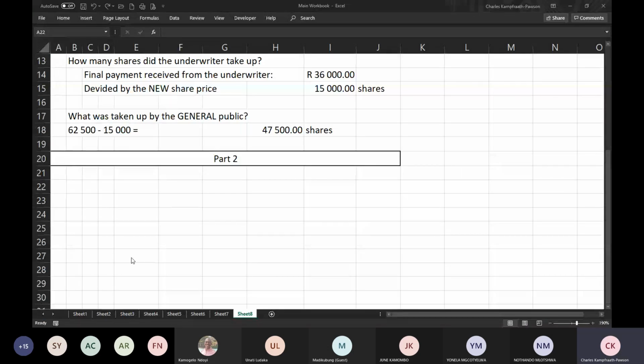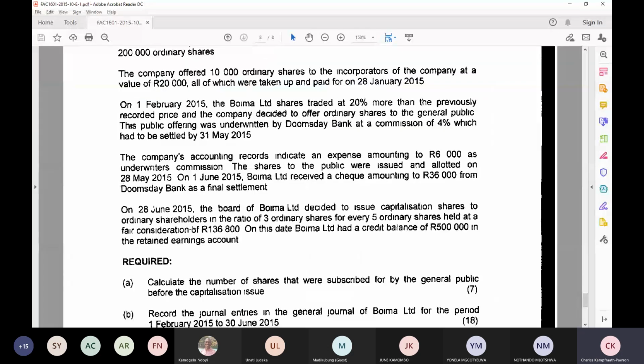I'm going to go a bit quicker now. So on the 1st of February, we did the whole issue to the public, and we also got in an underwriter. So let's start with that.